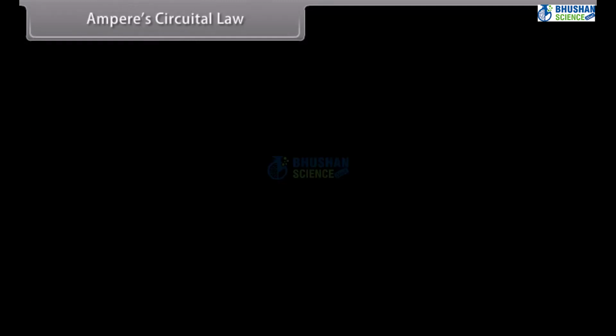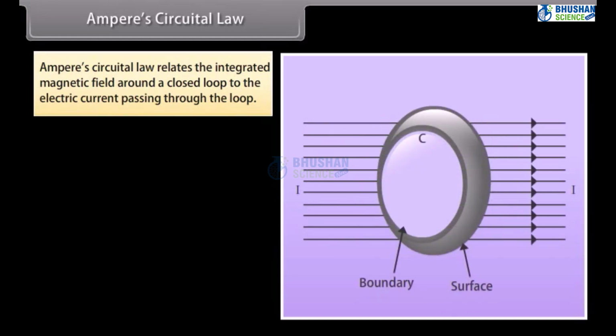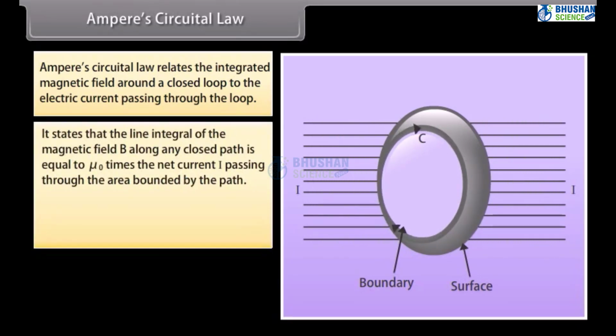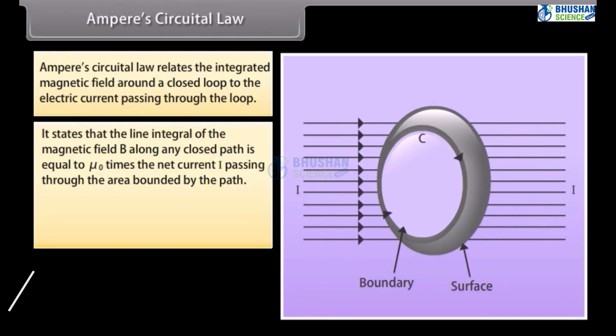Ampere's Circuit Law. Ampere's Circuit Law relates the integrated magnetic field around a closed loop to the electric current passing through the loop. It states that the line integral of the magnetic field B along any closed path is equal to mu naught times the net current I passing through the area bounded by the path.